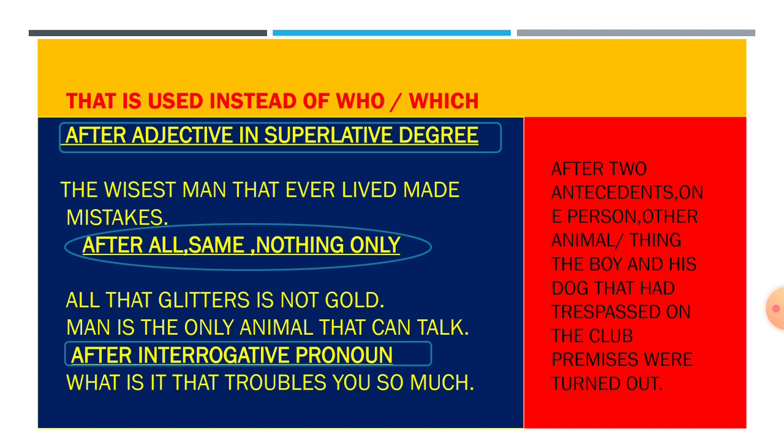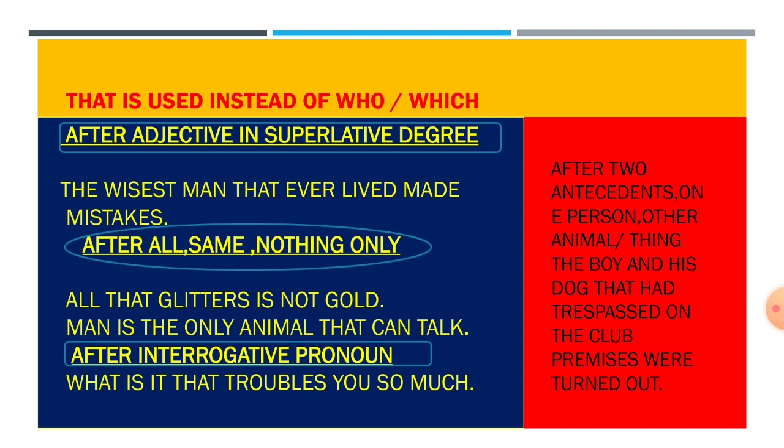Next, remember, after two antecedents. Suppose instead of one antecedent or one noun, we have two antecedents. And among those two antecedents, one is a person and the other is an animal or thing. Then how do we use it? The boy and his dog. So you can see boy is a person and dog is an animal, still we are using that.